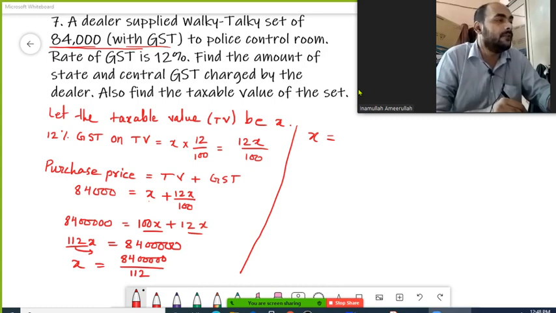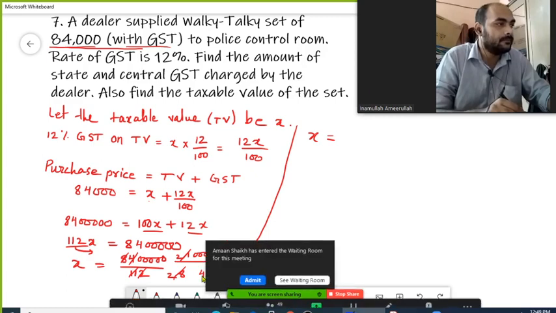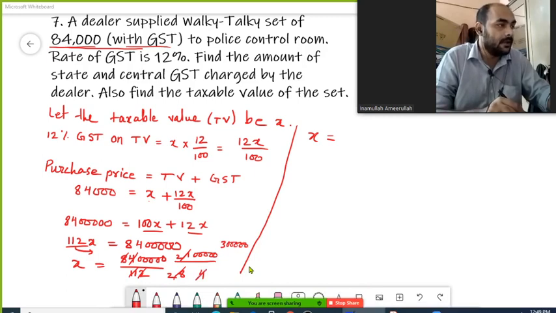We can divide it by 4. 4 twos are 8, 4 eights are 32, 4 twos are 8, 4 ones are 4, and then 50 in the numerator upon 28. 7 fours are 28, 7 threes are 21, like this.